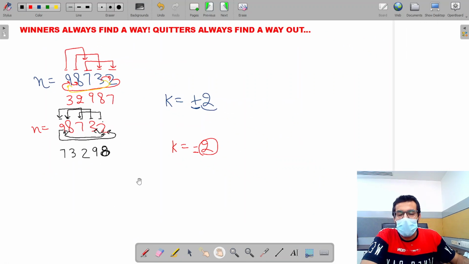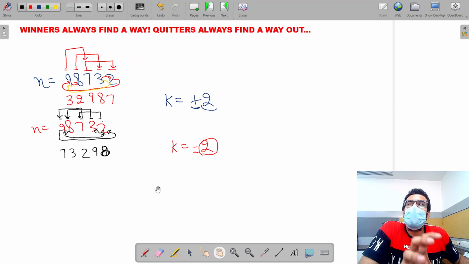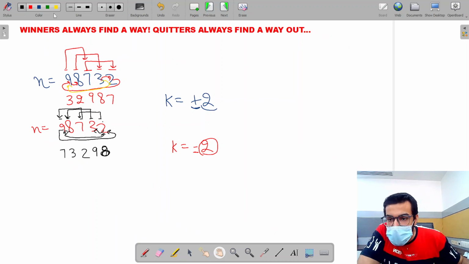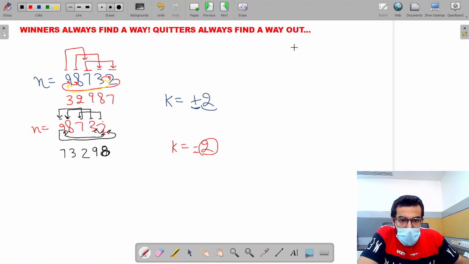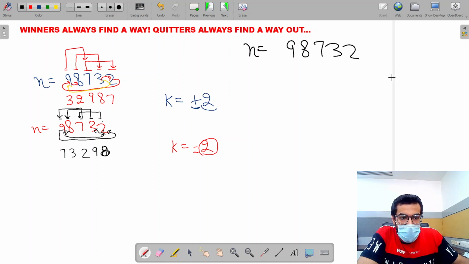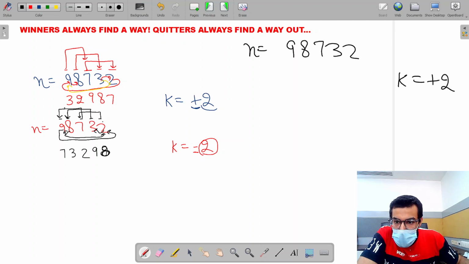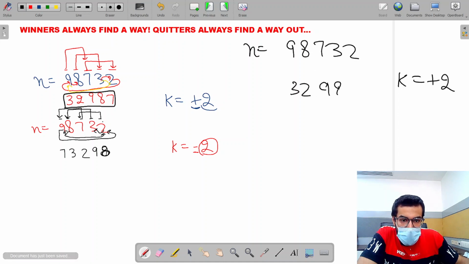Now I'm going to take some inferences, some better observations that we can take from over here. Let's say the number is 98732 and we have to rotate it by plus 2. As you can see over here as well, our final number is 32987.